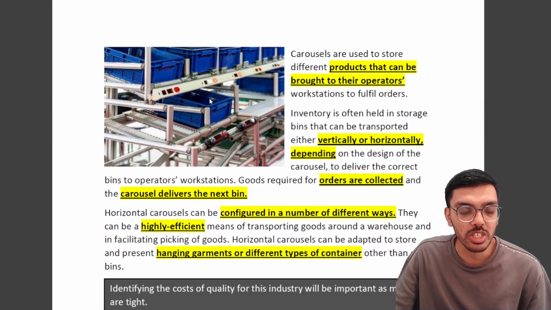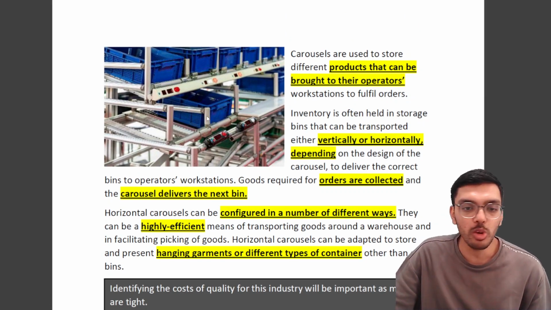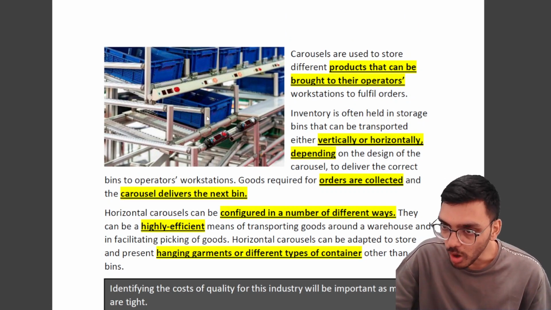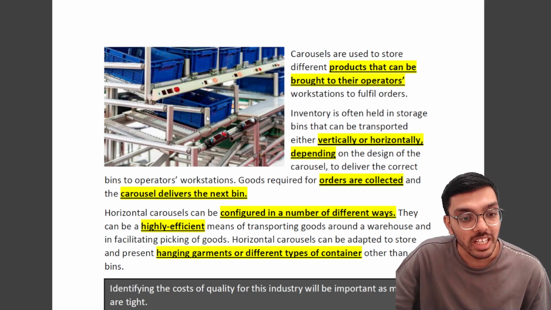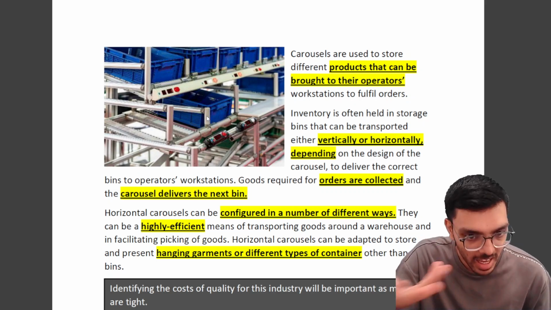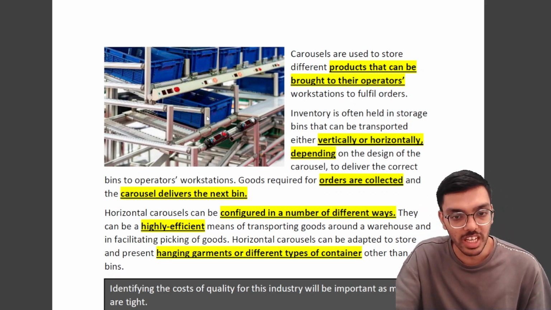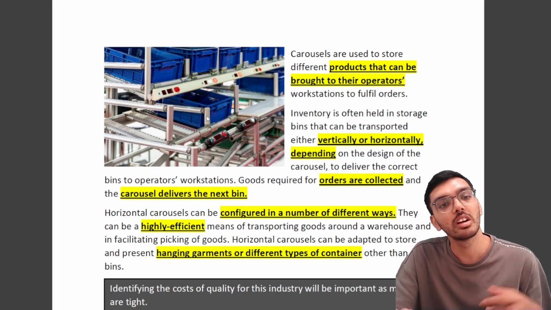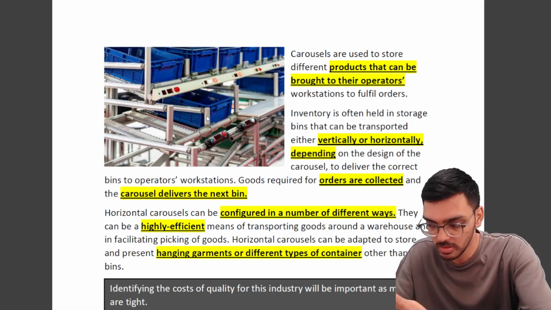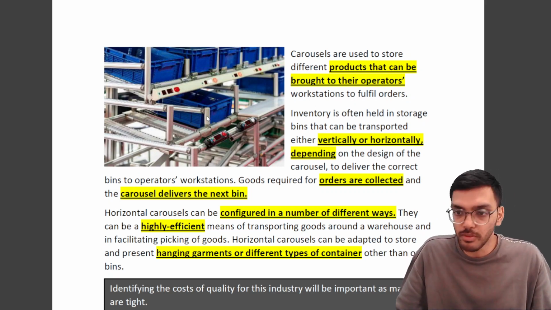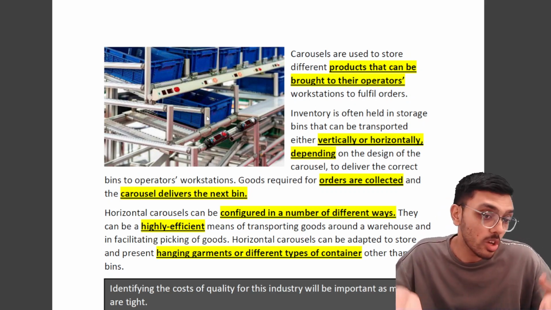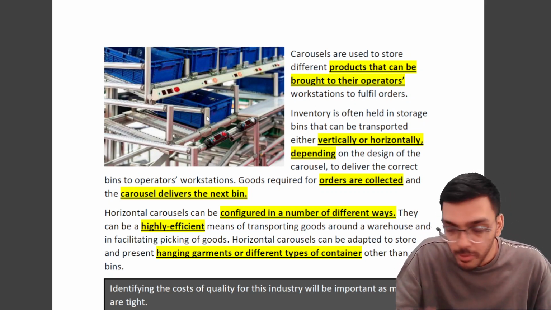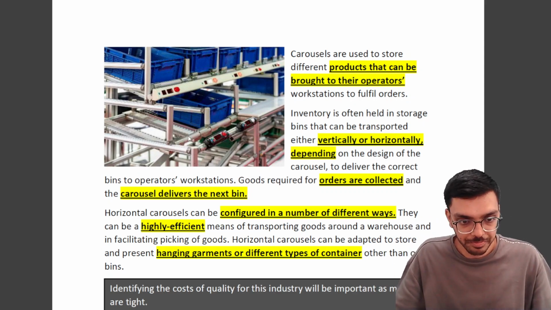So over here you see the example of an open bin, but you can configure them however you want, depending on your need. As we know, it's an industry that's very specific to different businesses, because different businesses will have different needs, and naturally to serve them in a better way, you will have to meet those needs.